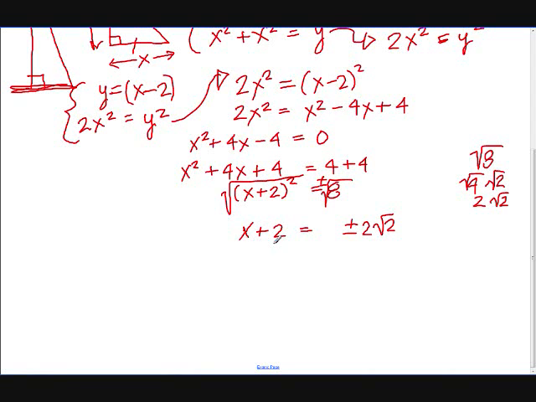Now I'm going to subtract 2 from both sides, and I'll have x equals negative 2 plus or minus 2 square roots of 2. The next question, does it make sense?